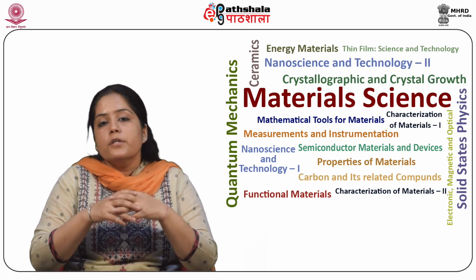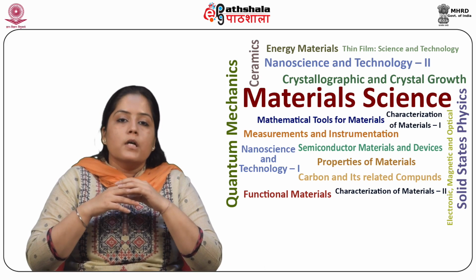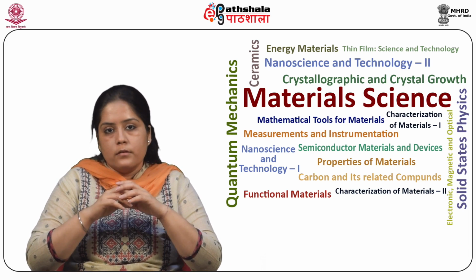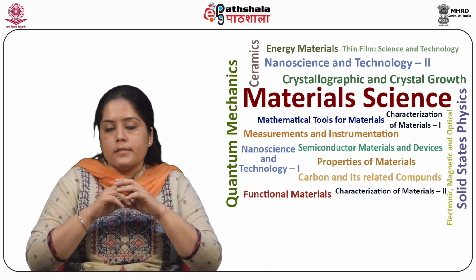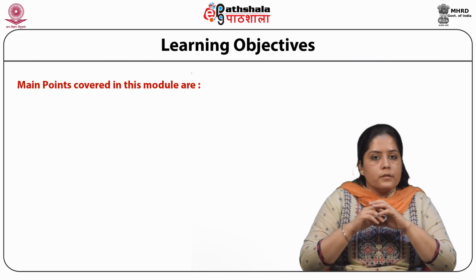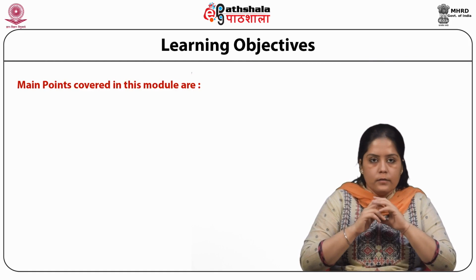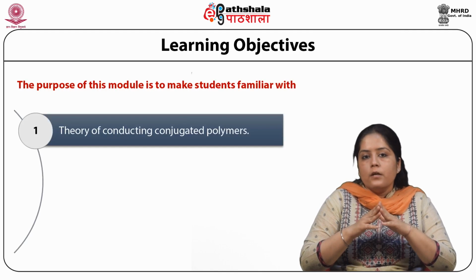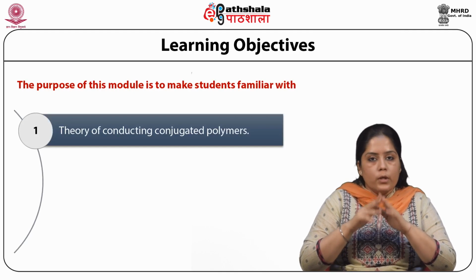Today we are going to discuss the module Conducting Polymers: An Introduction from the paper Functional Materials. So students, the main points which will be covered in this module are: first, the theory of conducting conjugated polymers will be discussed.